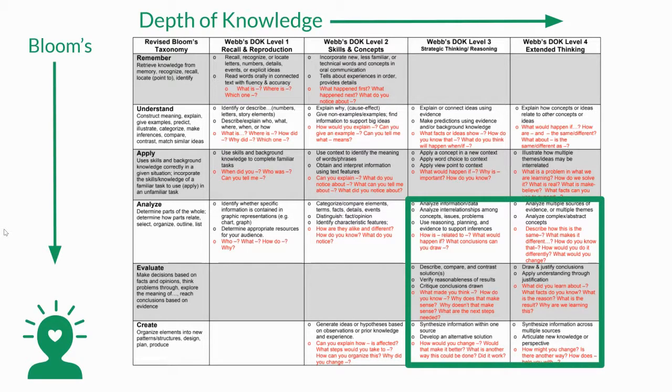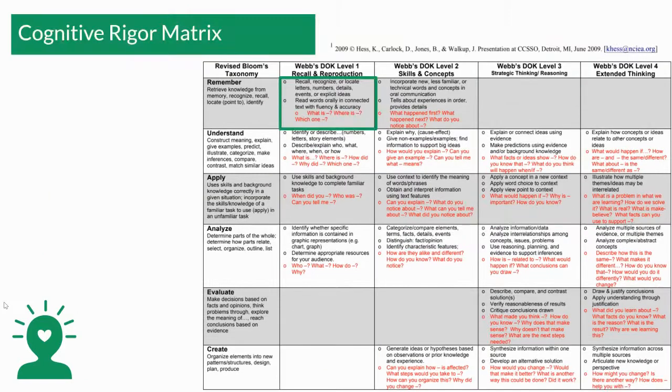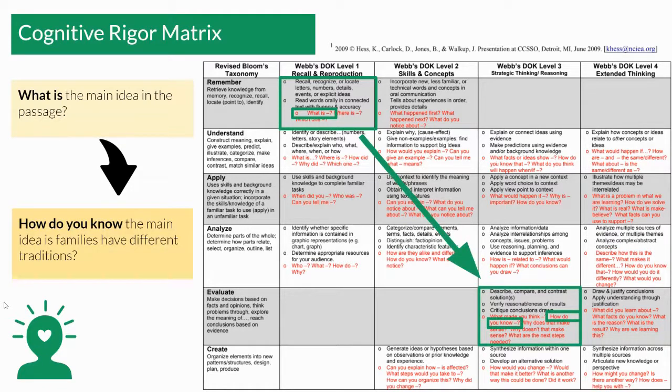Let's see how we can use the matrix to develop our low rigor question, what is the main idea of the passage? Using the matrix, I will rewrite my question from what is the main idea of the passage to how do we know the main idea is families have different traditions.